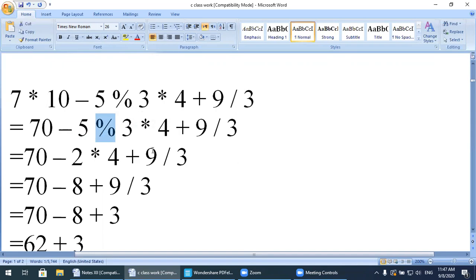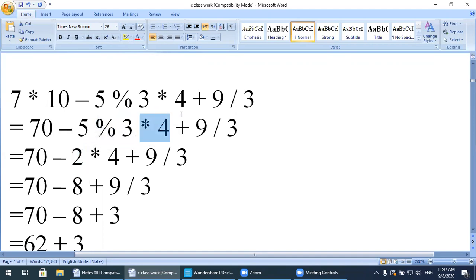What will be the remainder of 5 % 3? You divide: 3 ones are 3, 3 twos are 6. 6 is higher, so simple division: 3 ones are 3, 1 is the quotient and 2 is the remainder. I use the percentage operator for the remainder purpose, so its answer will be 2.